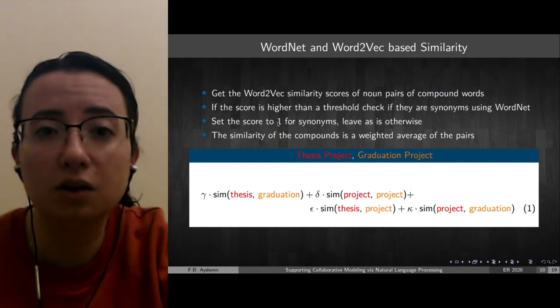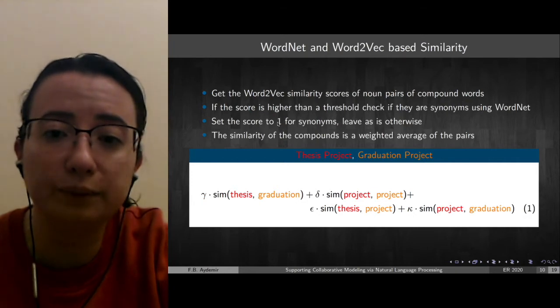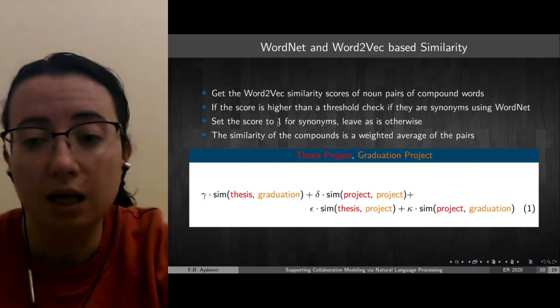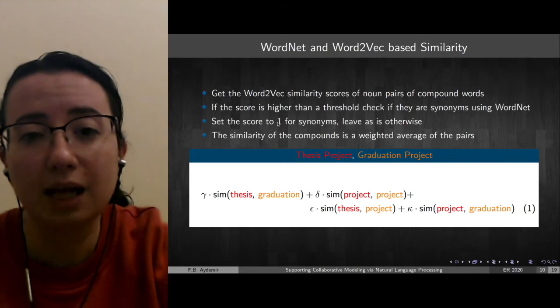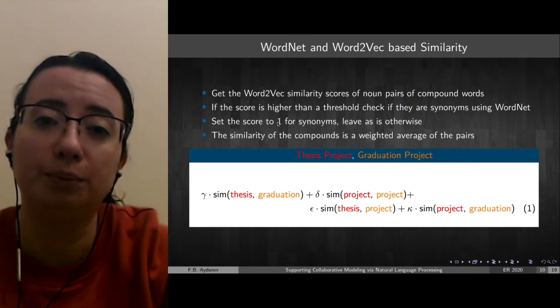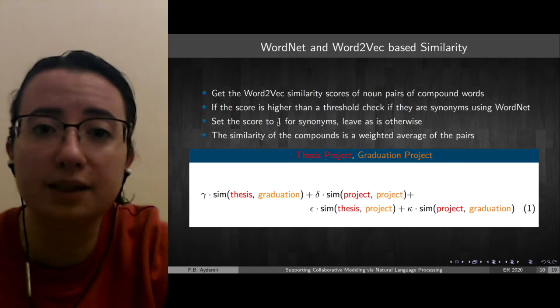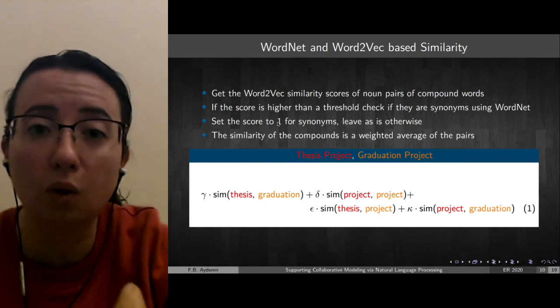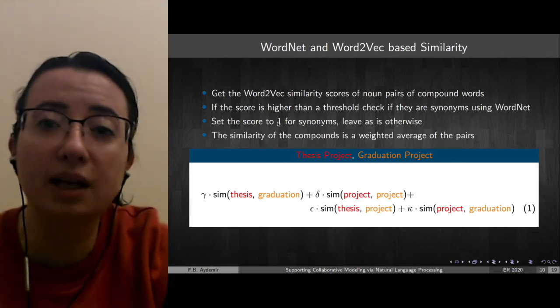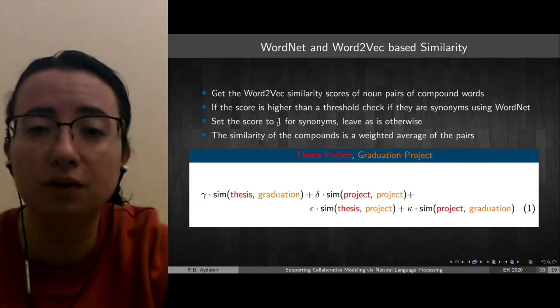Then, if they are synonyms, we set this value to 1, and leave it as is otherwise. Once we do this calculation for individual nouns, we switch to calculating the overall similarity score for compounds, and this is just an average of these individual values.